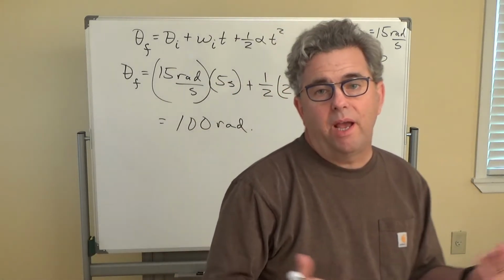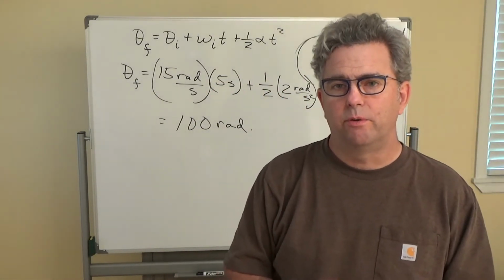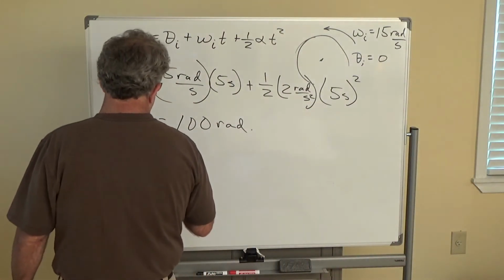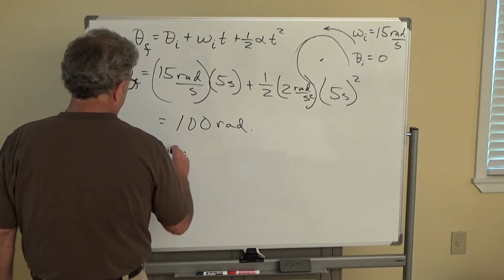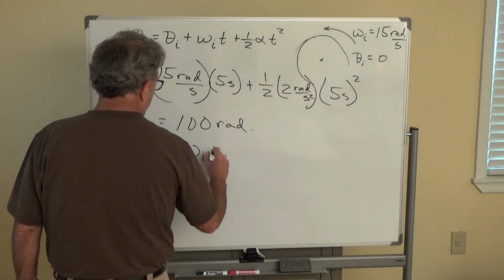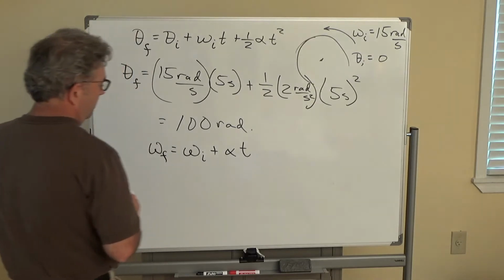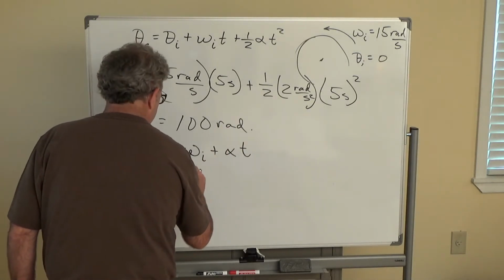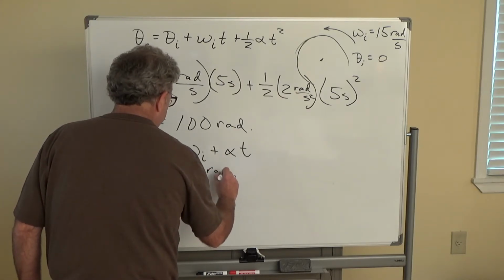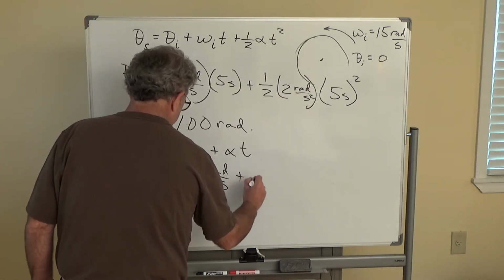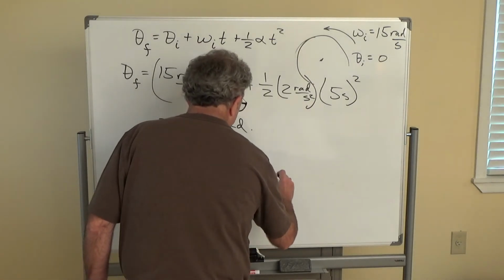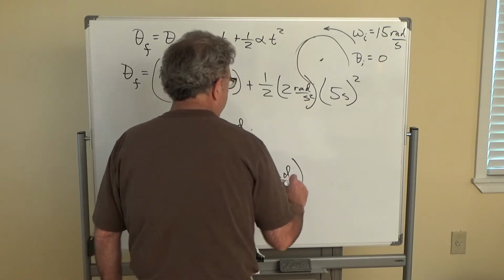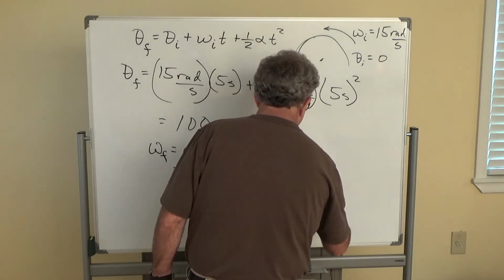Okay. You can calculate the angular velocity after 5 seconds, because the angular velocity, omega final, is equal to omega initial plus alpha t. So this would be equal to 15 radians per second plus 2 radians per second squared times 5 seconds.